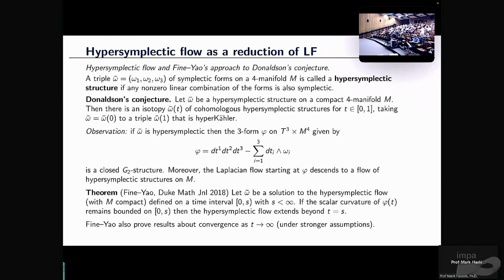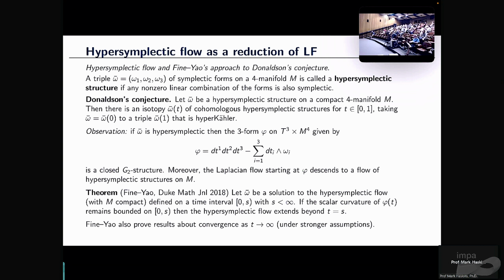So the first observation is that if I start with a hypersymplectic triple, then on the 7 manifold that's T3 times my 4 manifold, I can construct a 3-form phi. So if the t_i are the coordinates on the 3 directions of your torus, then you take phi to be dt1 wedge dt2 wedge dt3, minus the sum over i of dt_i wedge omega_i.